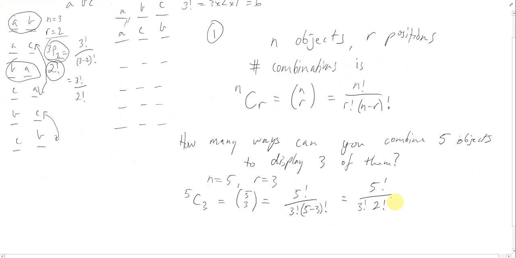And you can evaluate that, which of course in this case, the 5 factorial and the 3 factorial will make it just 5 times 4 over 2 times 1. Let's finish that off. 20 over 2 equals 10. 10 different ways to combine 5 objects into 3 positions.